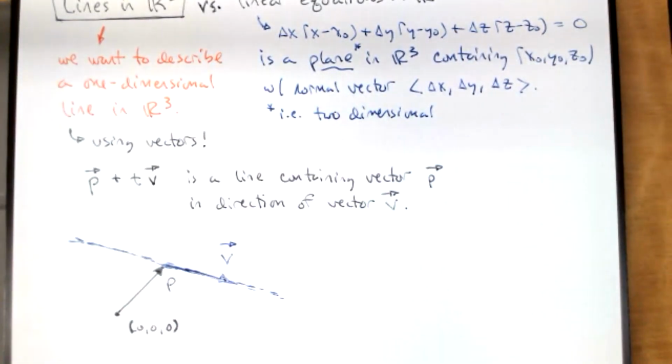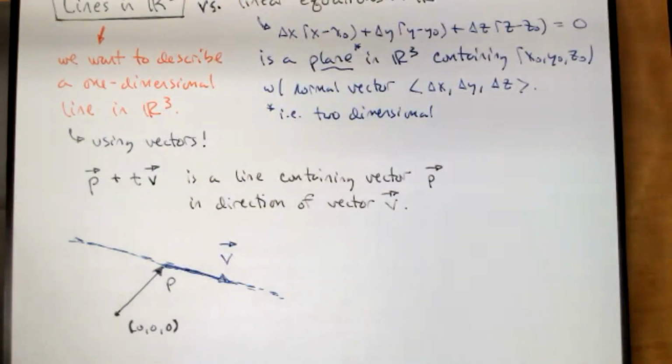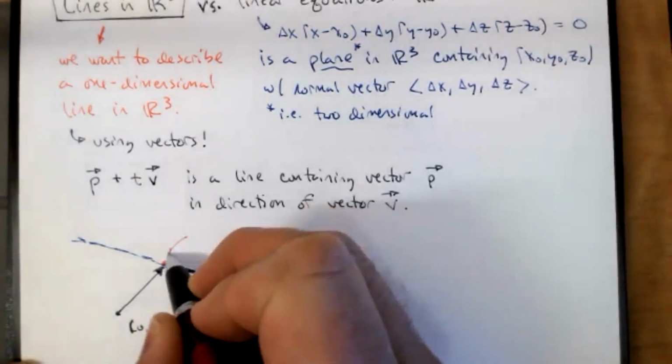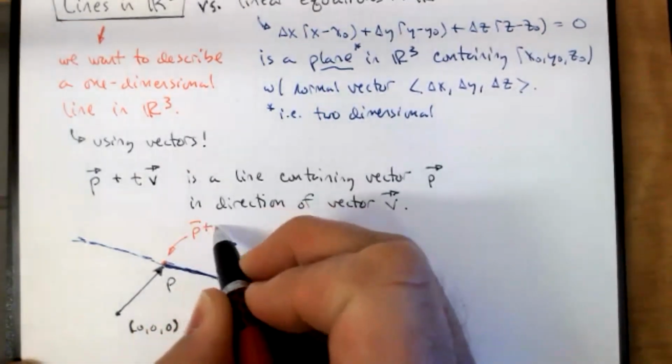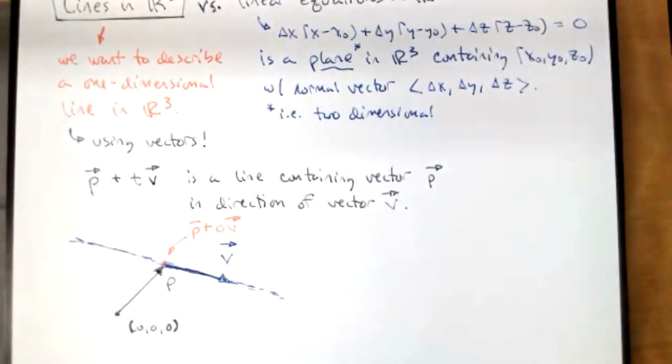So along this line are all the multiples of the vector V. P plus 0V will be right at this starting point. So this point here will be P plus 0V. It's just our starting point.